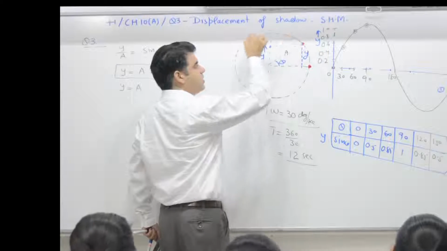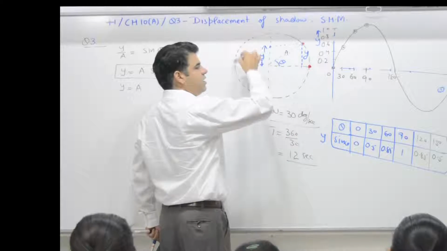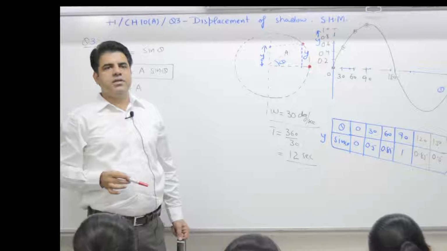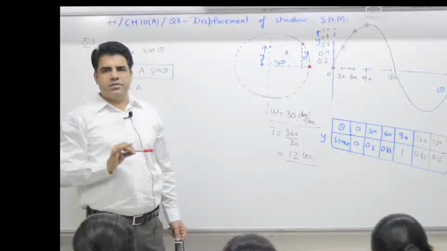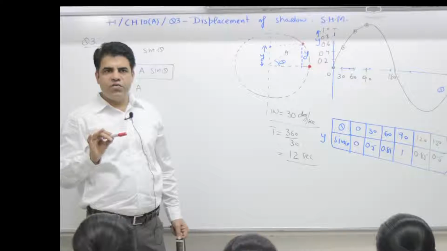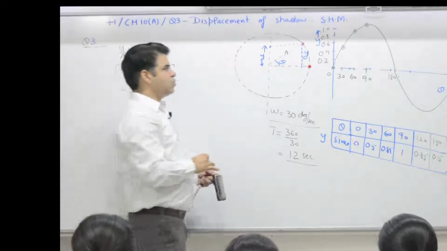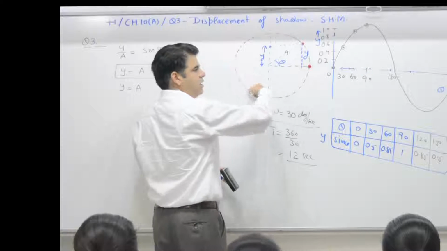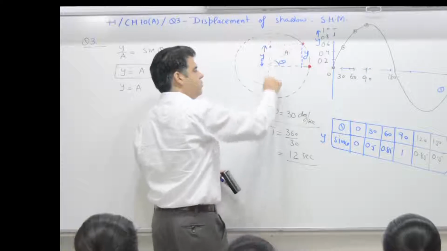Repeat. It is this red color particle. Its motion is a circular motion. The particle moves in a circle with radius or amplitude a. This is chapter number 3. In chapter number 10, we want to analyze the motion of this shadow. As the particle moves in a circle, the shadow moves up and down like this.